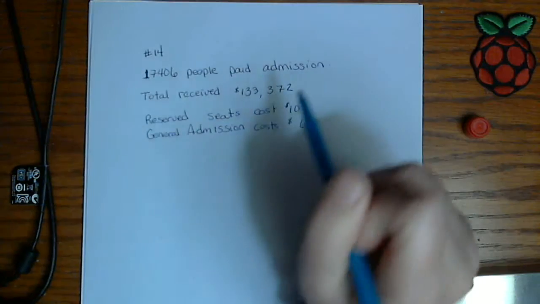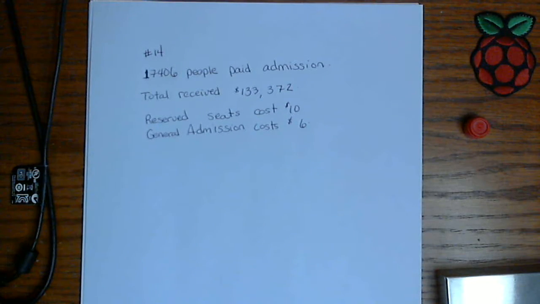The first thing we need to do when we think about this is figure out what are the variables that we need in order to solve this. What do they mean? If you listen again, the question is, without actually counting the ticket stubs, find out how many people paid for reserved seats and how many people paid for general admission.